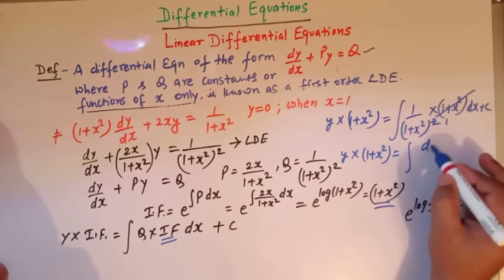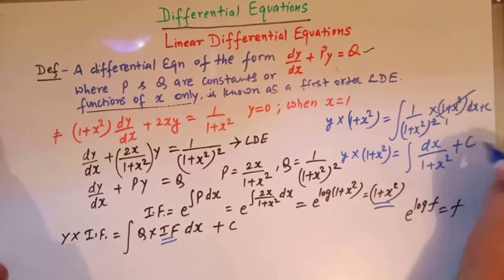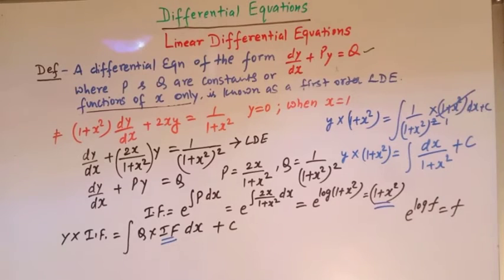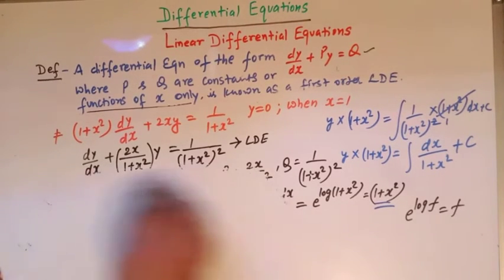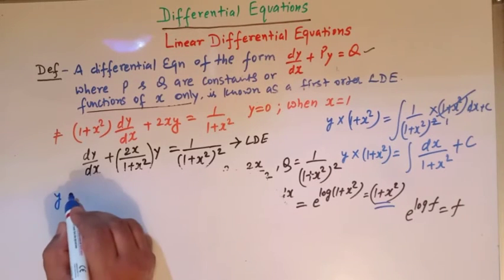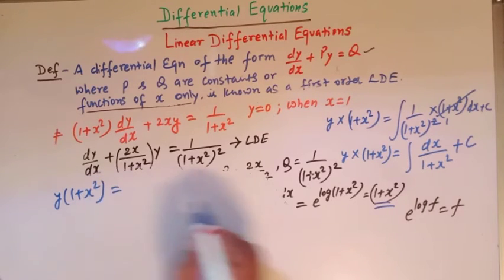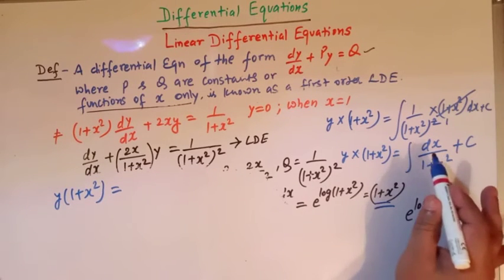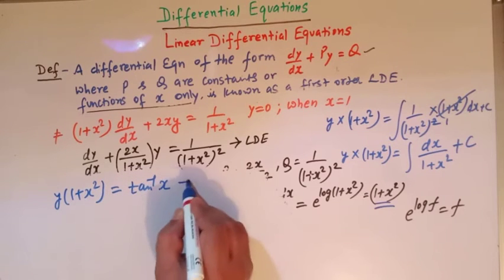So we have the integral of dx over 1 plus x square plus c. Now viewers, this is y times (1 plus x square) is equal to the integral of 1 over 1 plus x square, which is tan inverse of x plus c.